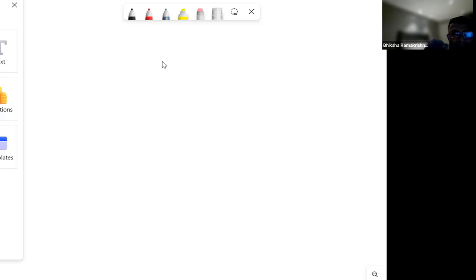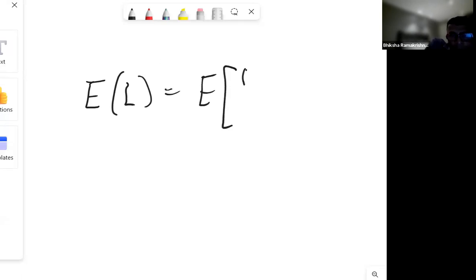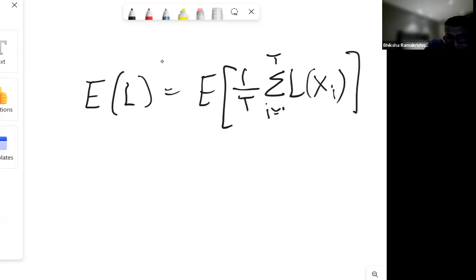So to consider that, what we are really looking at is the expectation of our loss, right? Which is going to be the expectation of 1 over the set number of training instances t, times the sum from i equals 1 to t of the loss at the ith training instance, correct?